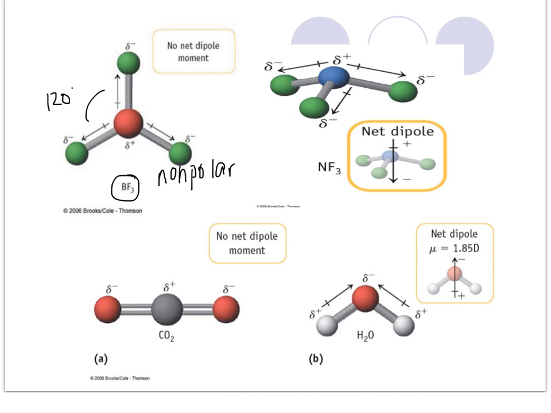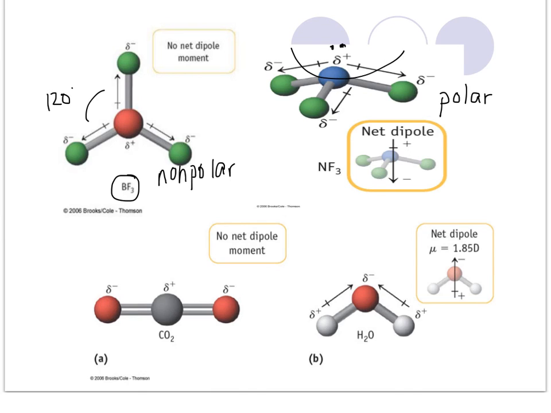If we look at the diagram to the right, this is an example of a trigonal pyramidal. There is a lone pair off the central atom, and because of that, all the dipoles will be moving towards the lower end of the structure, creating a distinct end of charge between the molecule of positive and negative. So that means that this molecule will be polar.